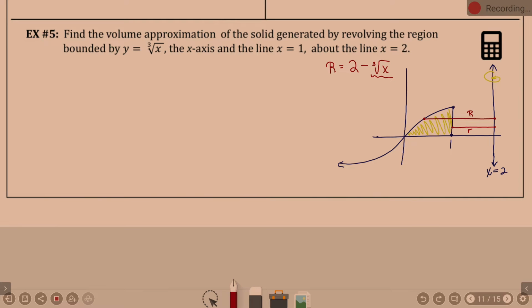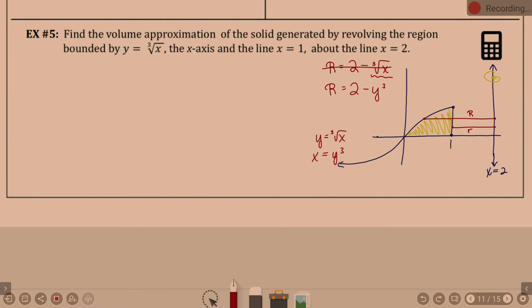But we're not going to do the function in terms of x. We need to go back and think, what do we know about y equals cube root of x? That's going to be x is y cubed, yes? So what am I really going to want Jacob to say instead? 2 minus y cubed. So not wrong, but not what we can put in there, yes?